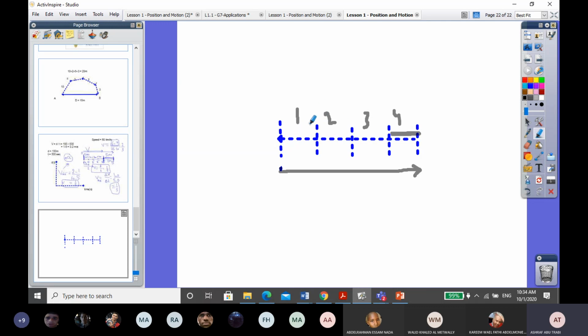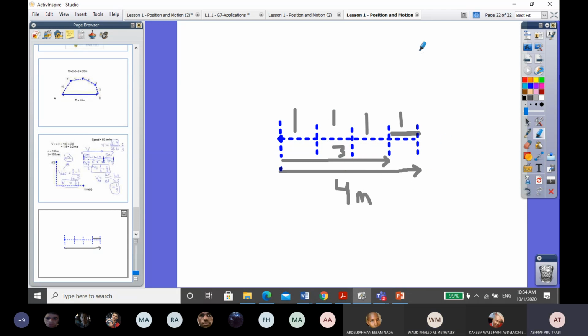Every distance here is 1 meter. 1 plus 1 plus 1 plus 1 is what, guys? 4. I want this distance, so it is 4 minus 1. 3. It's 4 minus 3, guys.